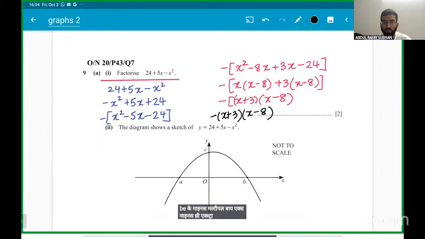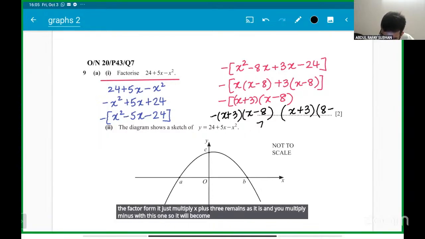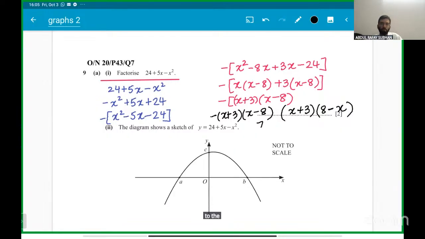You can write this down as it is, or you can write it in the factor form: just multiply. x plus 3 remains as it is, and you multiply minus with the other one, so it becomes positive 8 minus x. So these are the two factors, 8 minus x and x plus 3, which lead us to 24 plus 5x minus x squared.